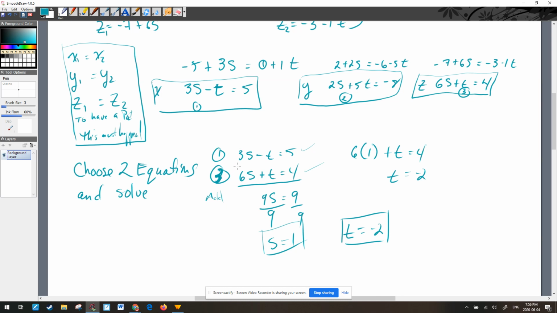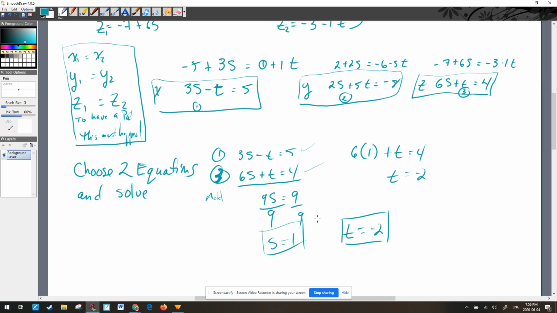Now, realistically, as long as these two are linearly independent, so they're not scalar multiples of each other, so as long as it's not like 3s, 6s, negative t, negative 2t, they're going to have a solution. Essentially, as long as they are not the same line, we're good to go. And we are. So there's s and there's t. Here's why it's important.